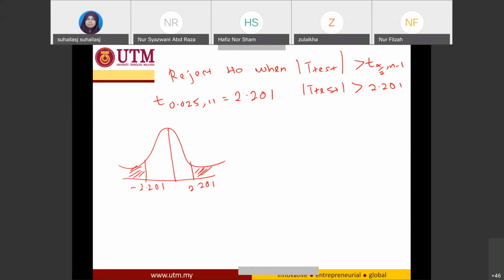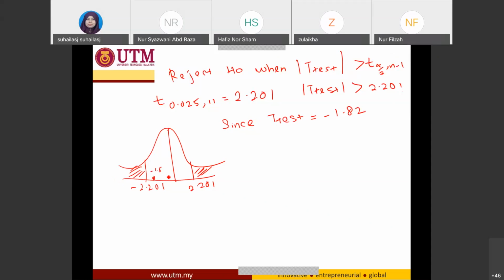Now you compare our t-test, minus 1.82. Is it in the shaded area or not? It is not. So minus 1.82 is around here. It should be much larger, like minus 3 or minus 4, to be in your shaded area. So minus 1.8 is over here.